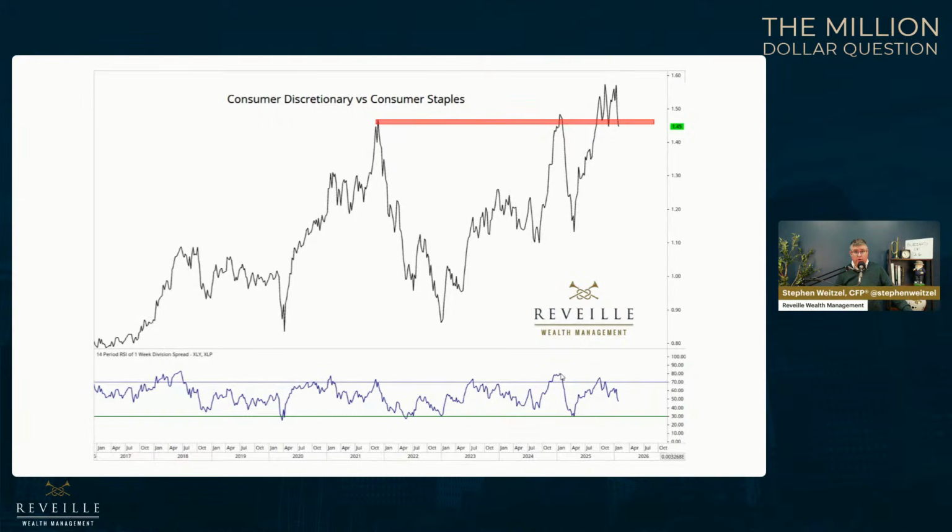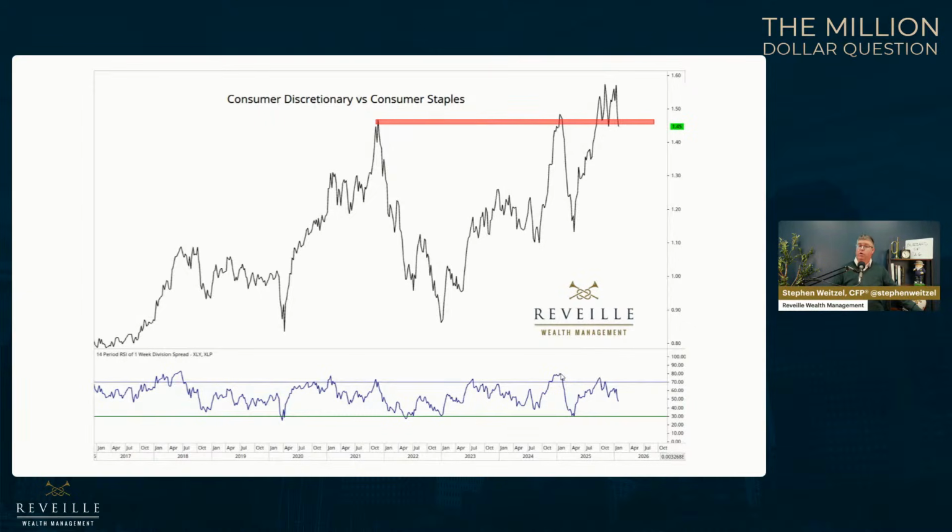Far fewer, right? So I just find it ironic, and we talked about it at the PA in Miami, that this ratio is referred to as the best fundamental analyst on Wall Street. If the consumer discretionary stocks are outperforming their staple counterparts, then that's probably a fairly robust economic environment.